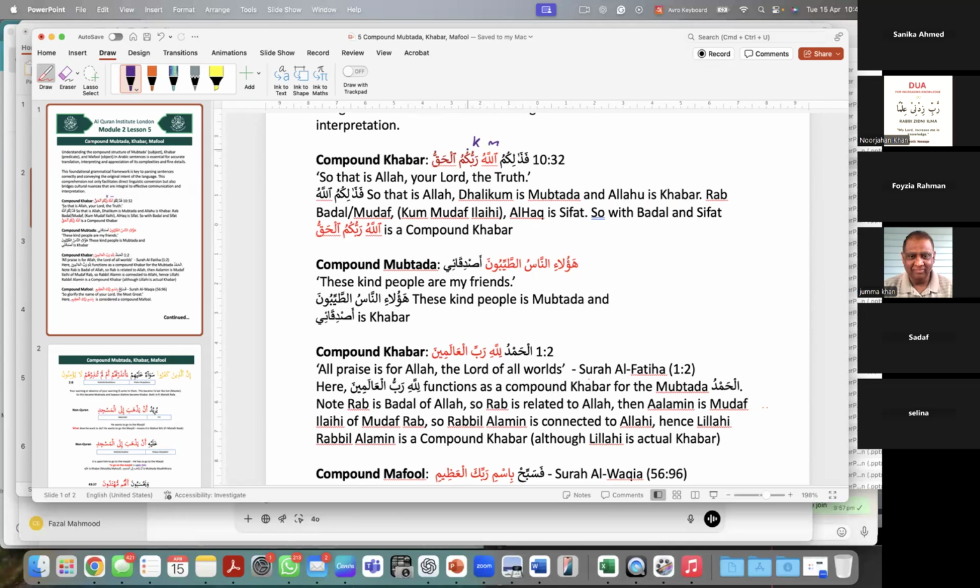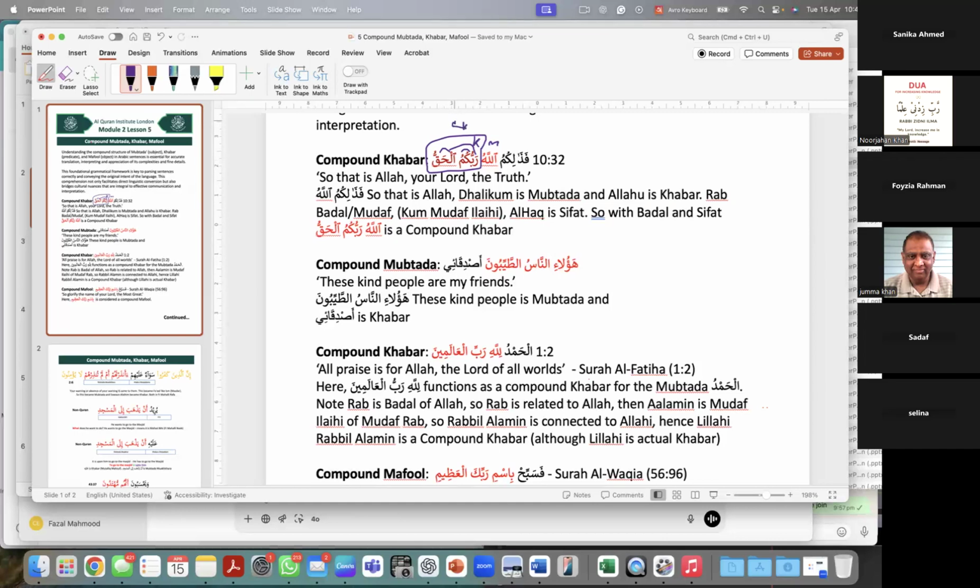These are associated with khabar Rabb. Kum is mudaf ilayhi, and without it, the mudaf can't exist, so it has to be associated with that. And then al-haqq, sifat, is describing something, so it has to be connected with this. So I'm just showing how it is compound because of the connection of kum with Rabb and then haqq with Rabb. Is that okay? This is compound.